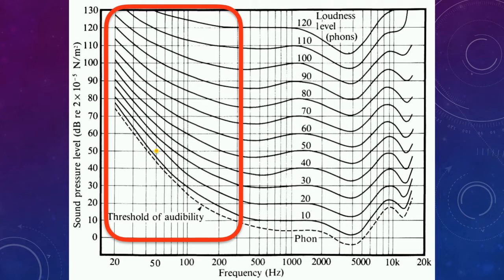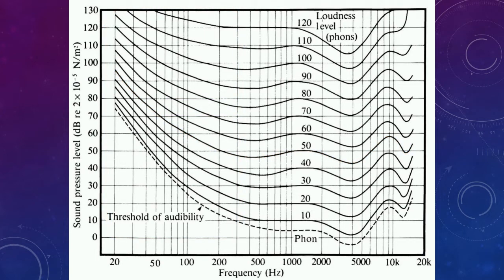That means that our ears are much less sensitive to lower frequencies. It would require the 50 Hz tone to be played at 72 dB to sound the same as the 50 dB 1000 Hz tone. This graph shows that the ear's frequency response is not linear and that it is more sensitive to frequencies around 4000 Hz.